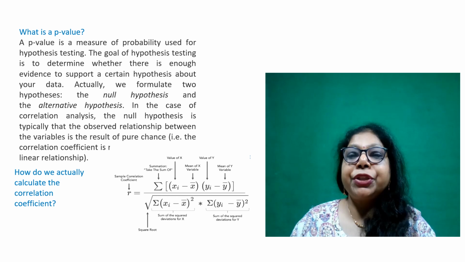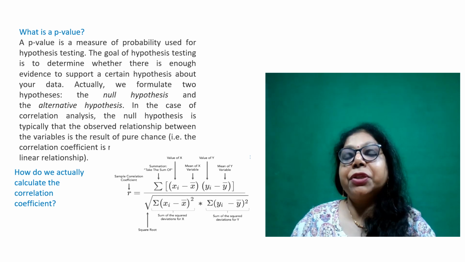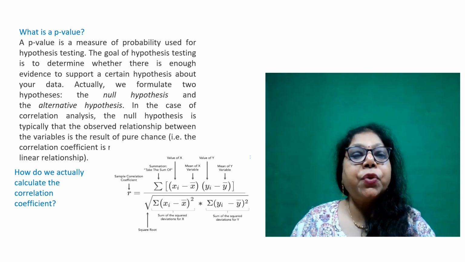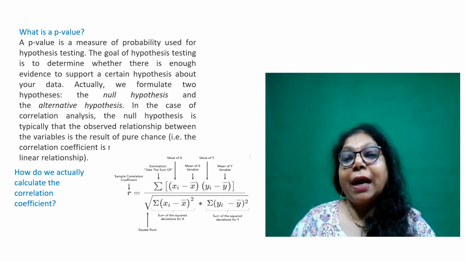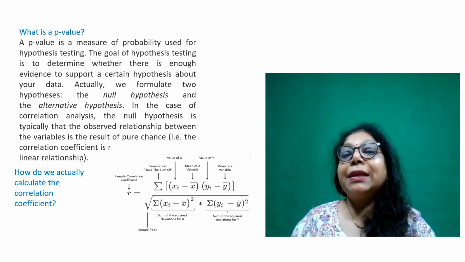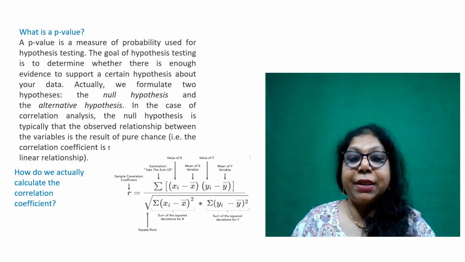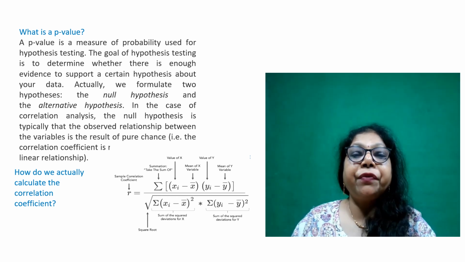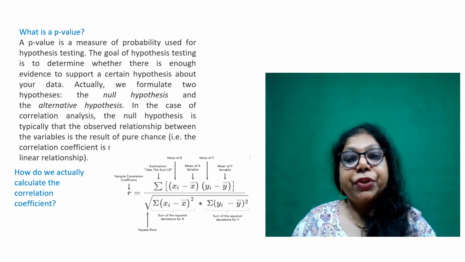In the case of correlation analysis, the null hypothesis is typically that the observed relationship between the variables is the result of pure chance. That means the correlation coefficient is really zero and there is no linear relationship. The alternative hypothesis is that the correlation we have measured is legitimately present in our data. That means the correlation coefficient is different from zero.